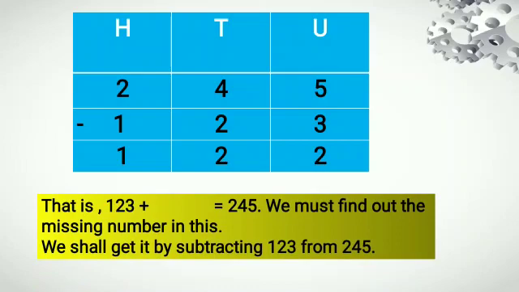We must find out the missing number in this. So we get the number 122. We get it by subtracting 123 from 245. This way we have to carry out subtraction without borrowing.